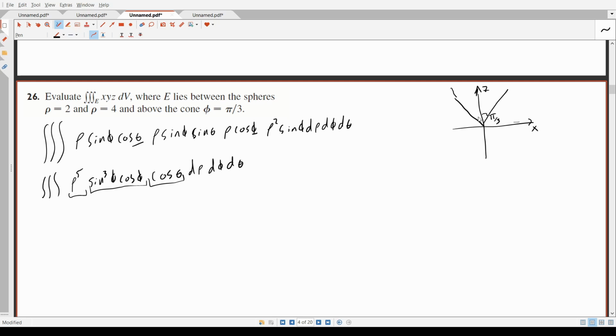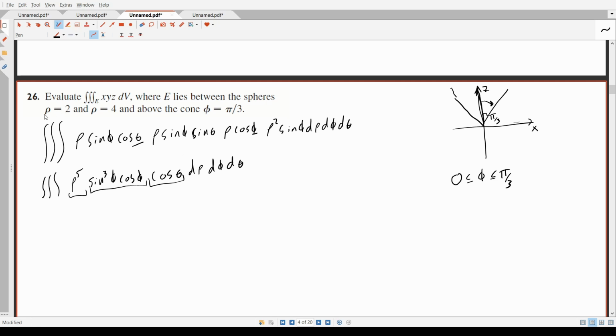So this tells us right away that the region we're interested in, phi, the angle from the vertical, starts at 0 vertically, and we're interested in all the region from phi equals 0 to pi over 3. So 0 less than phi less than pi over 3.